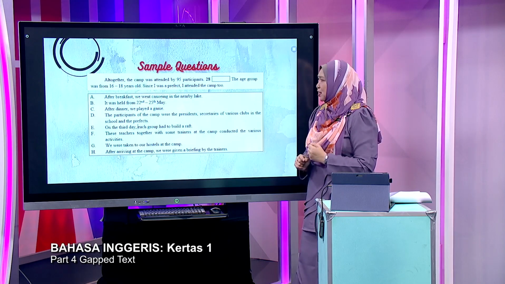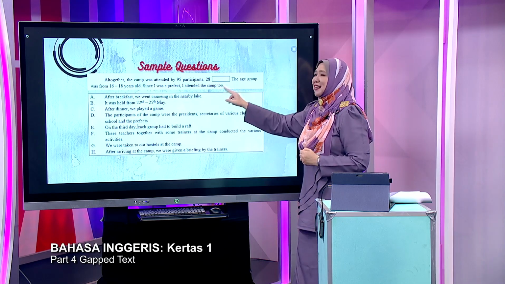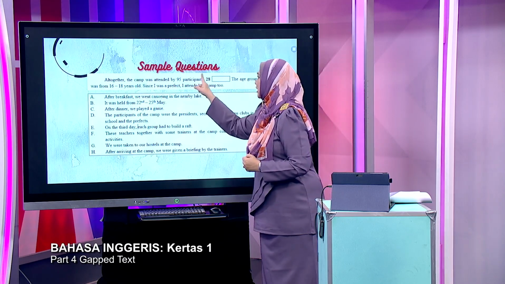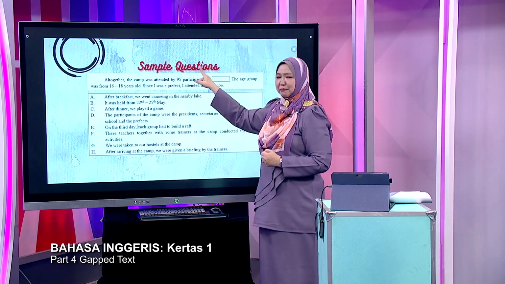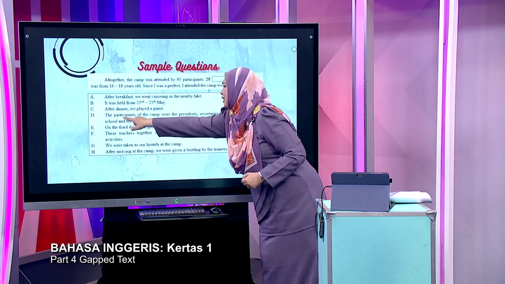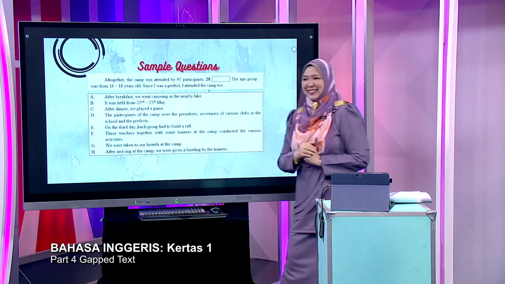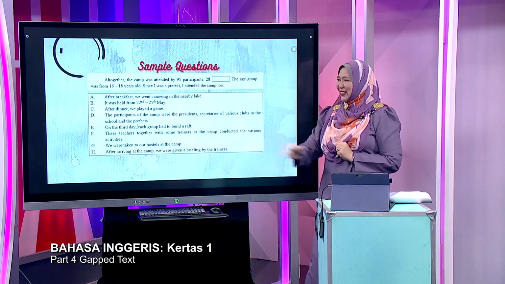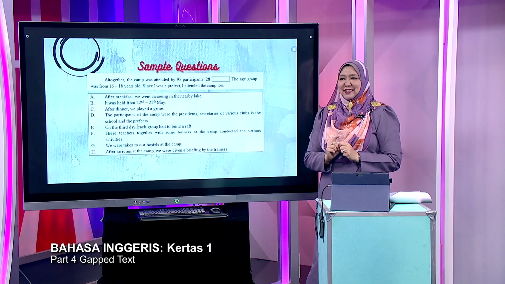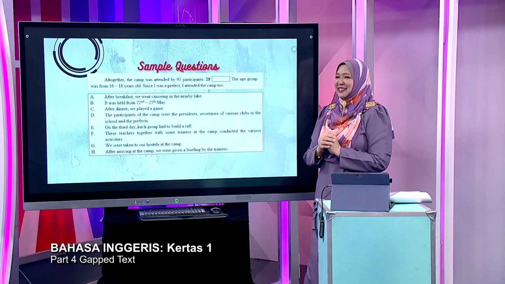Since I was a prefect, I attended the camp too. So here, the clue is participant, and we have prefect. You have to look at the clue. If you identify the clue, you can answer correctly.